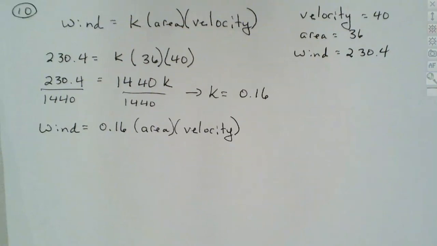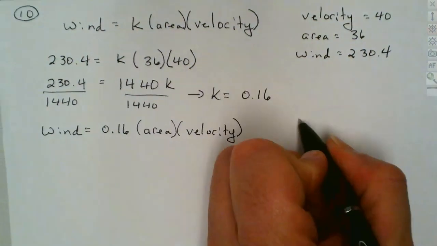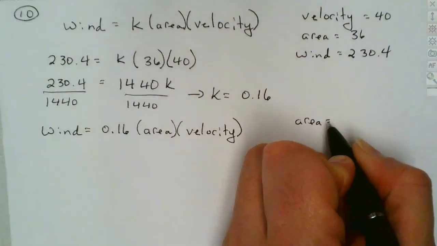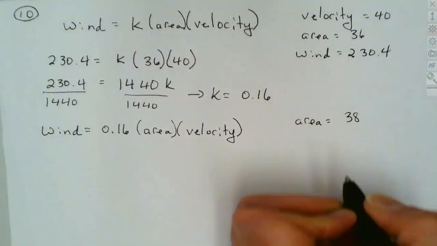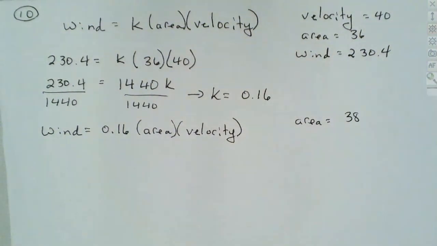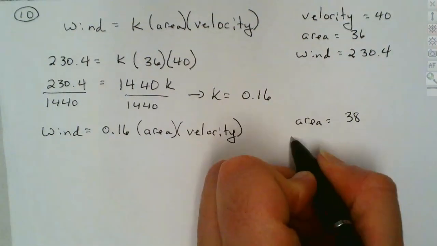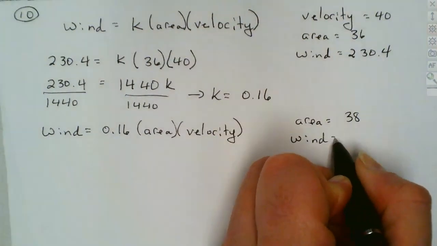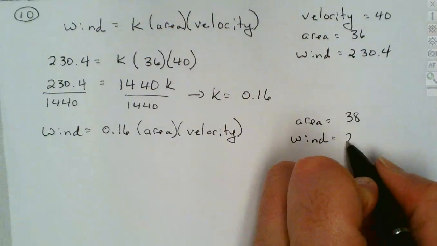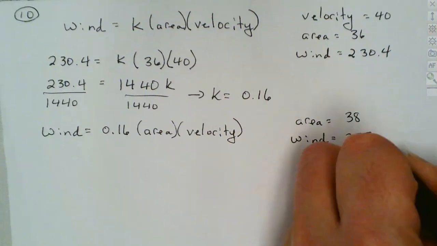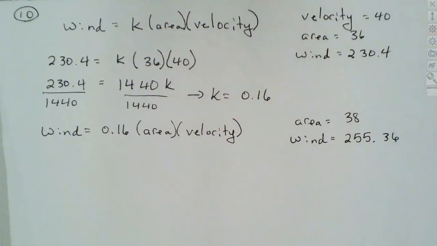So they give you different parts. We're going to have to rearrange it a bit. So it says, how fast must a car with 38 square feet, so the area is 38, so that's the new surface area, and it experiences a wind resistance of 255.36. So there's our pieces.